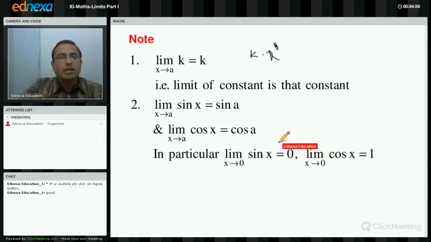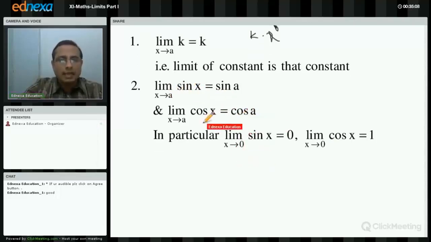Dear friends, here I will ask you one question. I'll give 1 minute to think on this and then I will tell you the solution. Here I have generalized results for sin and cos. Can I say limit of tan x as x tends to a equal to tan a?